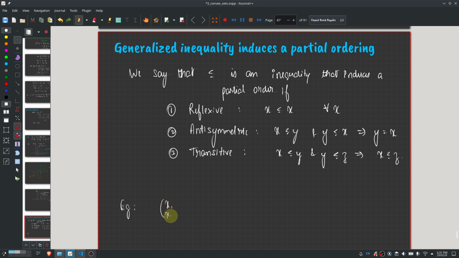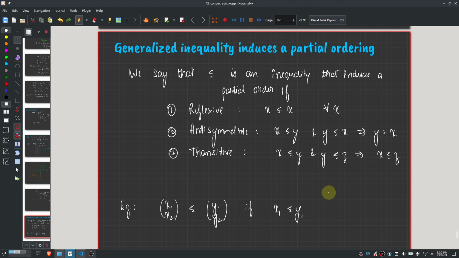So (x1, x2) is less than or equal to (y1, y2) if x1 is less than or equal to y1. Given two vectors x and y, I'll say that vector x is less than or equal to vector y if the first component of x is less than or equal to the first component of y.